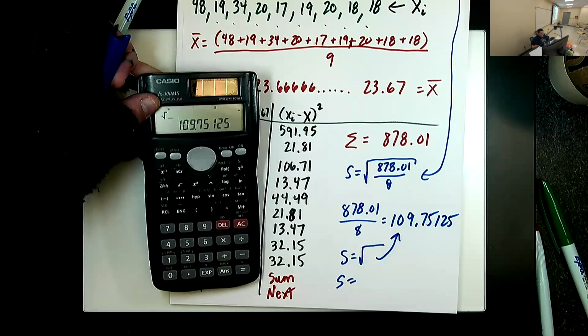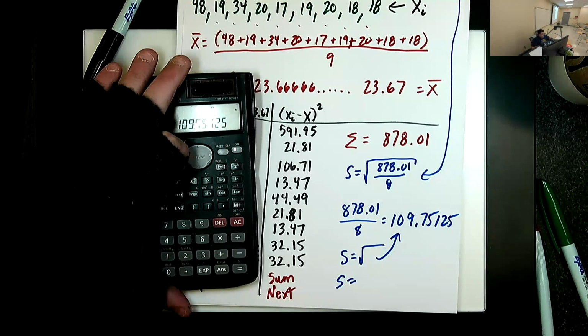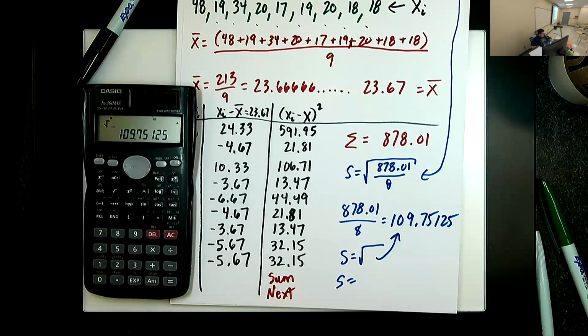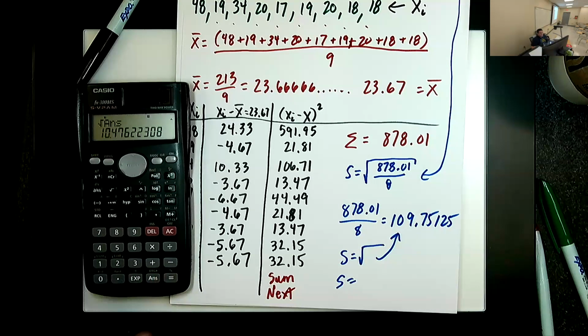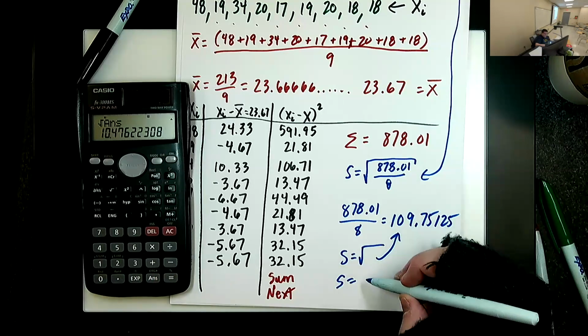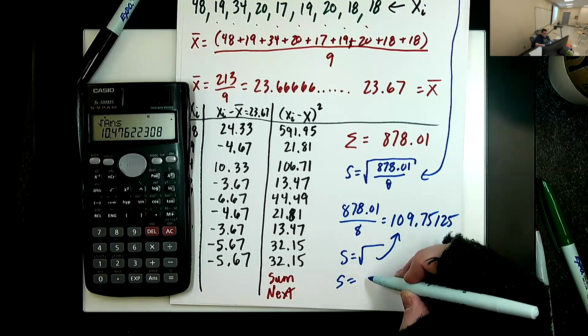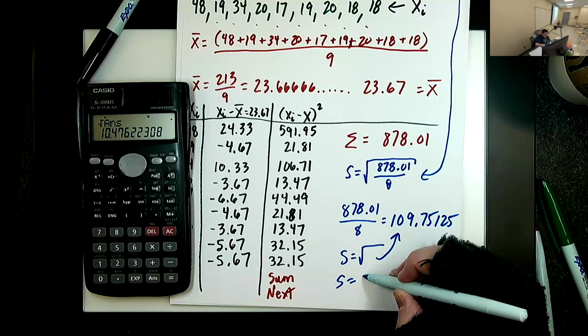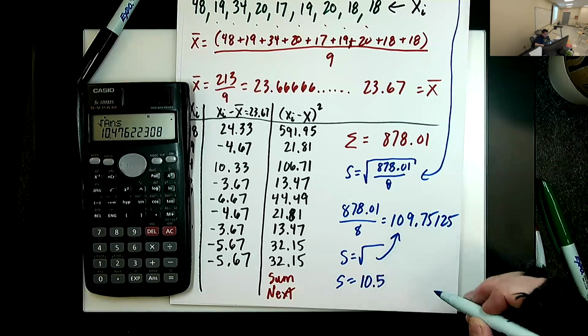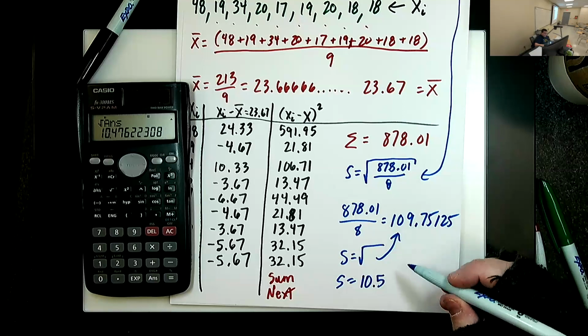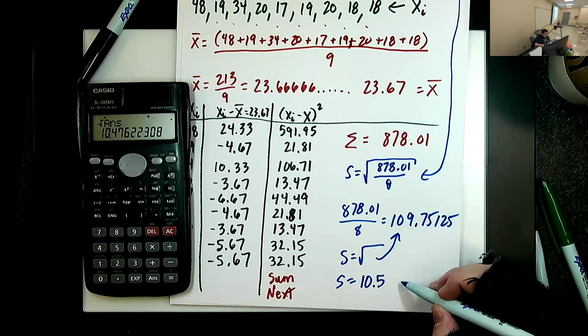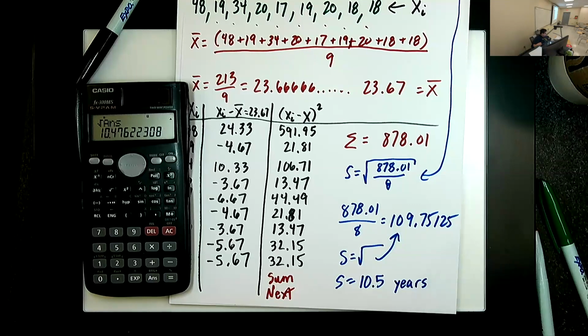On my calculator, if I've already got an answer in there and I don't want to retype it, I can hit the square root key and then hit answer and it will grab the value from the screen. I am getting 10.476. Maybe we'll do 2 decimal places, 10.48. I probably should do 1 decimal place. Let's do 10.5. We were talking about years old, so the standard deviation here is in years.